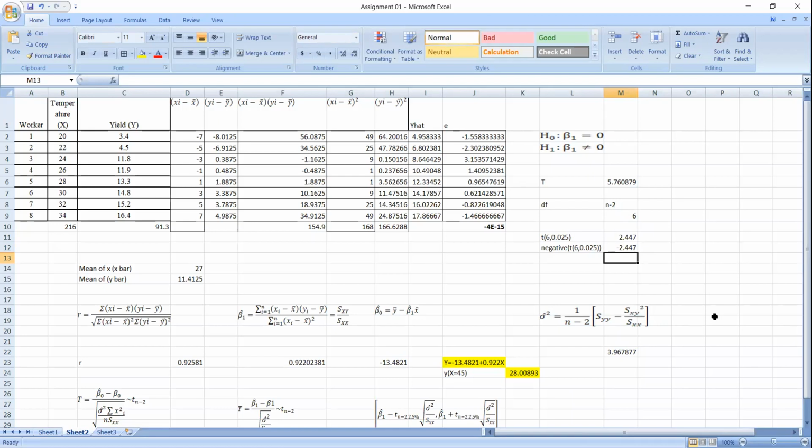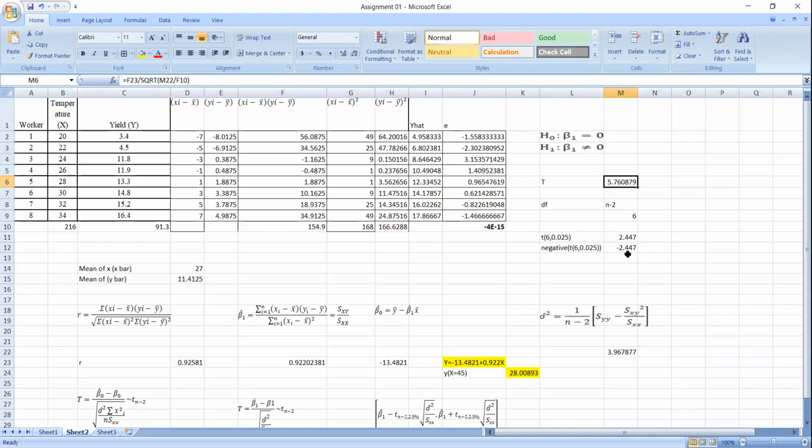Now we have to check whether the estimated value is in between these two table values. Now you can see the test statistic value is 5.76. That is actually greater than 2.447. That is not in between these two values.